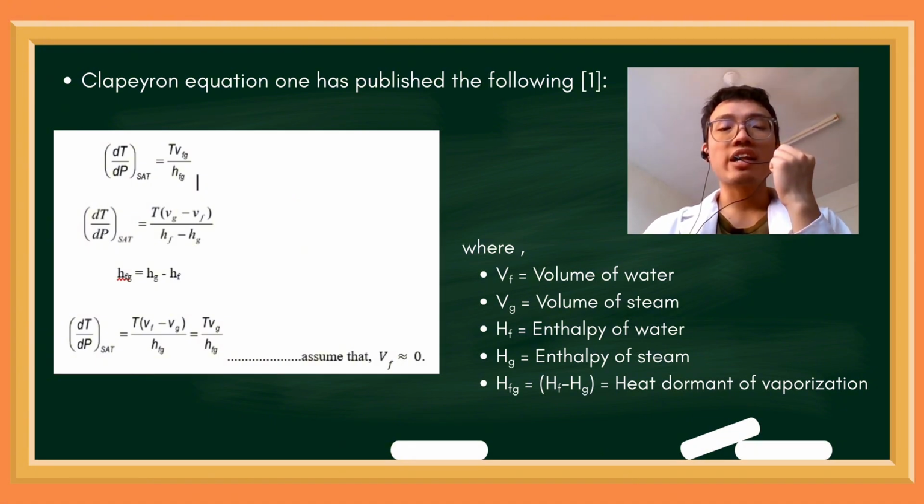So when we simplify it, we get dT over dP of the saturation line equal to temperature times the volume of steam over its specific enthalpy. Here, Vf is the volume of water, Vg is the volume of steam, hf is the enthalpy of water, hg is the enthalpy of steam, and hfg is the heat of vaporization.